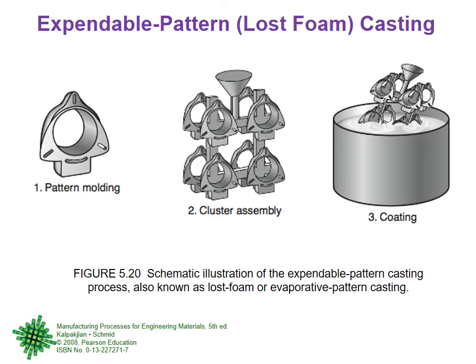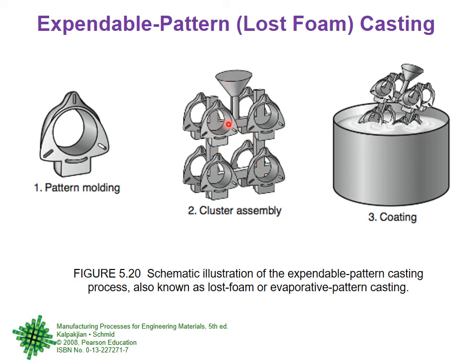So now I am showing you another drawing of the same thing. This is the pattern, right? Expandable pattern, lost foam. This is the pattern. Many times, to speed up the casting operation, you make 4 of them in the same box, right? So there is one pouring, and then there will be a gating to this one and this one and this one and that one.